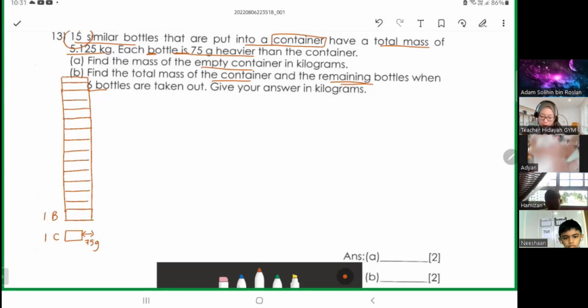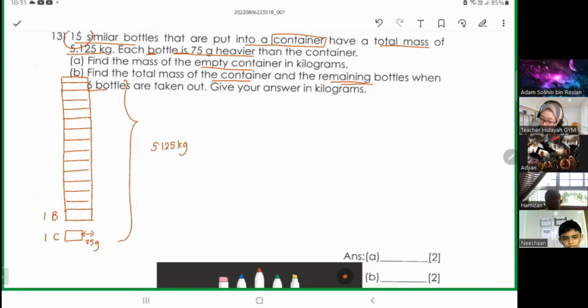Okay. Yeah, that one a bit smaller lah. So the total for all this is 5.125 kilogram. Okay. Now, what do I want?